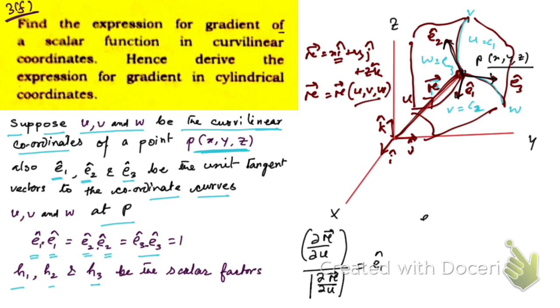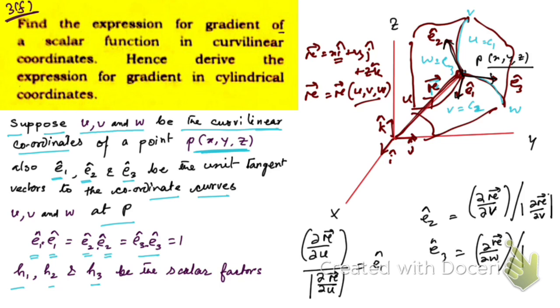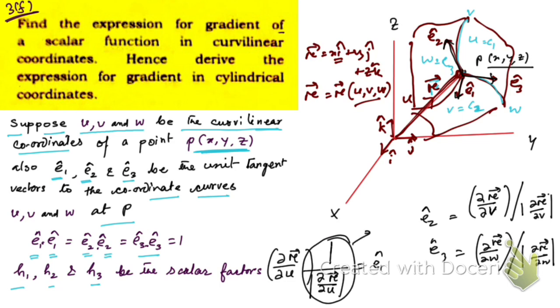Similarly, we can obtain e2 cap and e3 cap as del v of vector r divided by mod of del v of r, and del w of vector r divided by mod of del w of r, as we are taking unit vectors. Here, this magnitude is the scalar factor h1.